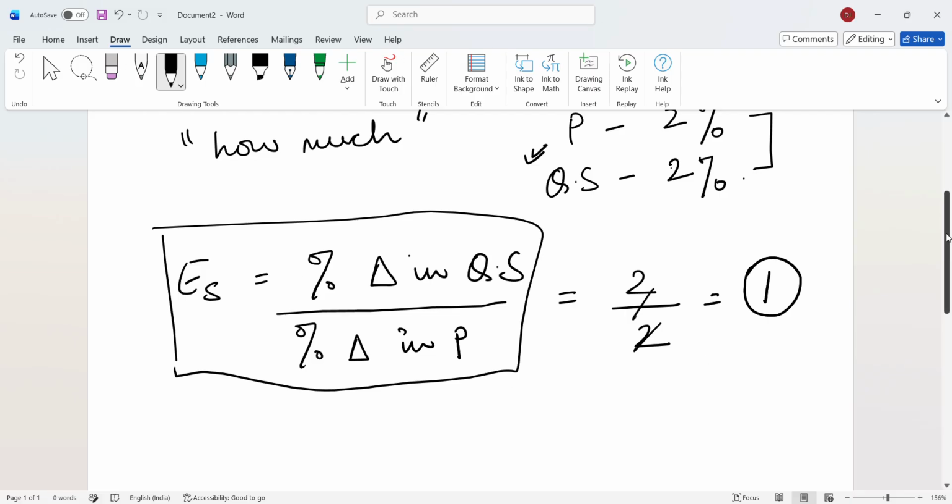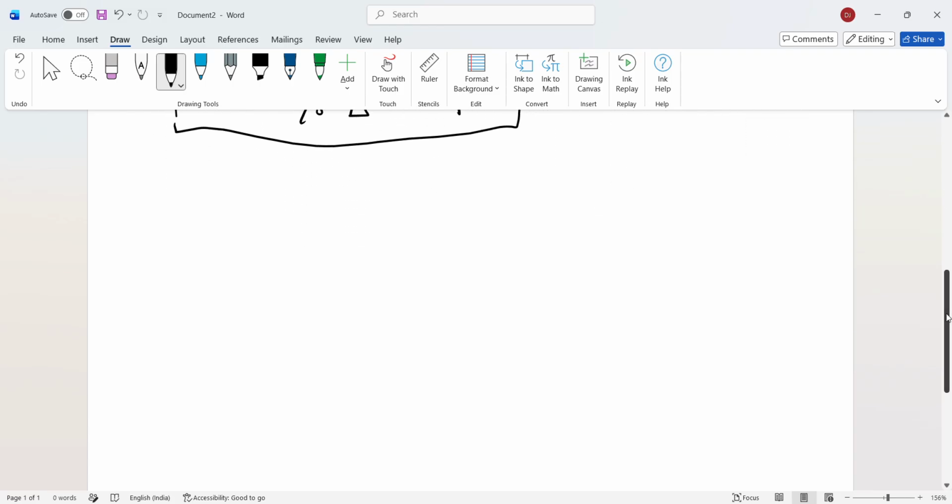All right. I'll give you another example. Let's say you are given different quantities supplied at different prices. With price 4, the quantity supplied was 1. With price 6, the quantity supplied was 2. If I have to calculate elasticity with this, it would be what? Percentage change in quantity supplied.